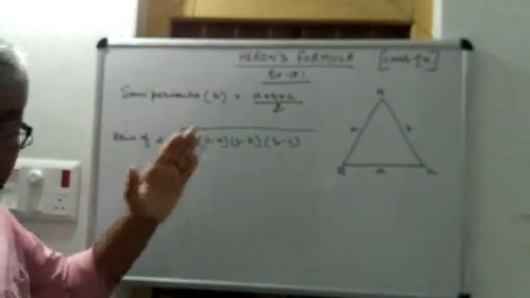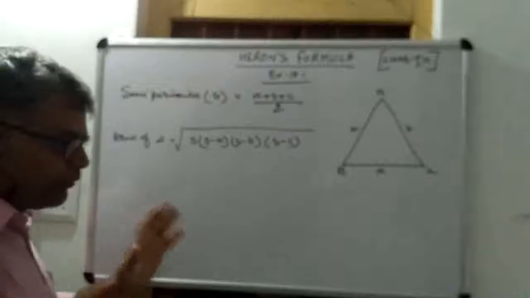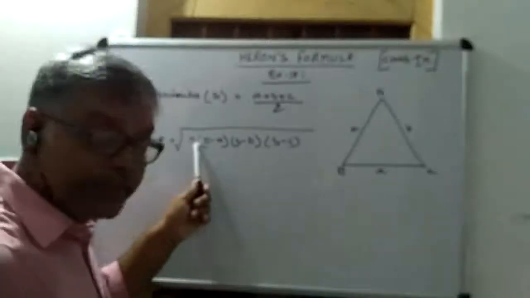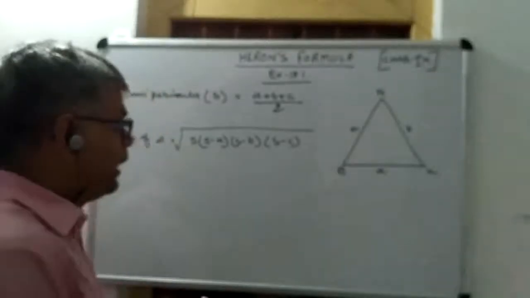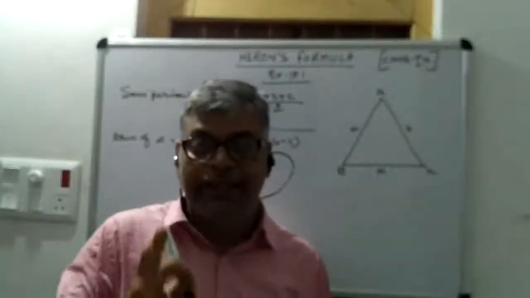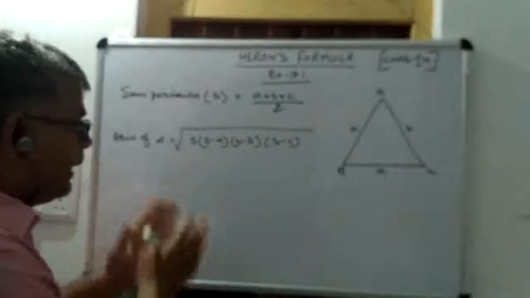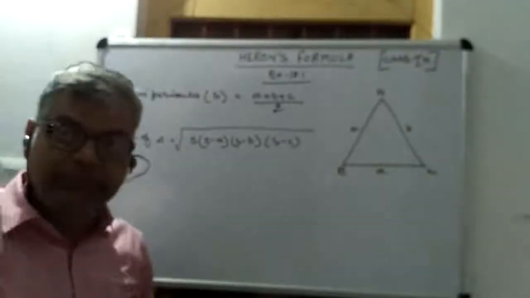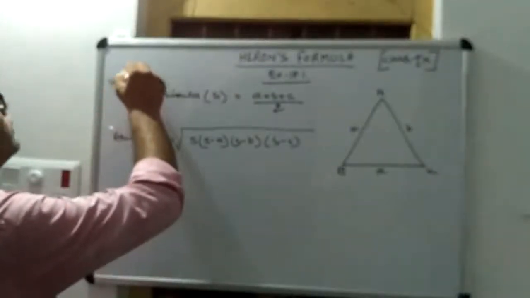This is the area of triangle ABC by using Heron's formula, where s represents the semi-perimeter of the triangle, which is half of the perimeter, and a, b, c are the corresponding lengths of its sides. On putting all the values in this formula, you can get the area of the triangle. This is called Heron's formula.